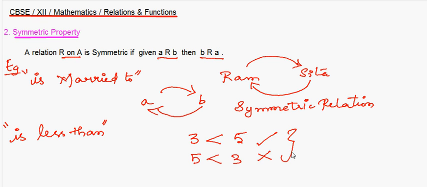Then such a relation is called asymmetric relation. So this is how you define symmetric. So when a is related to b, and b is also related to a, such a relation is called symmetric relation.